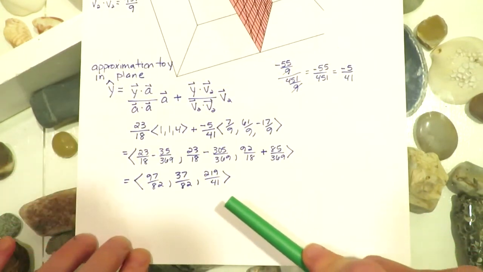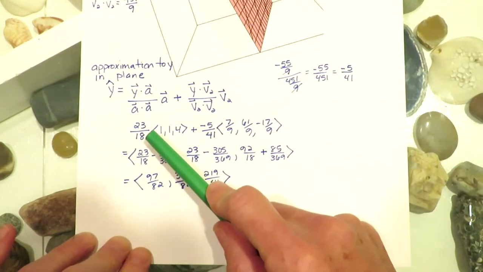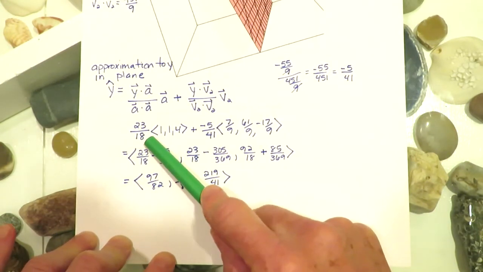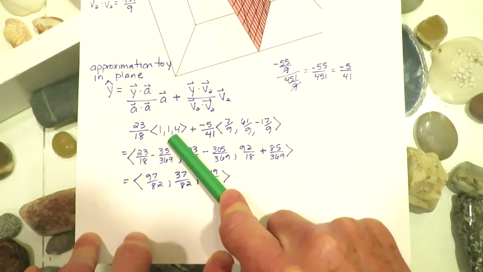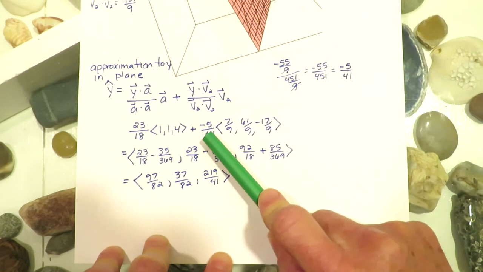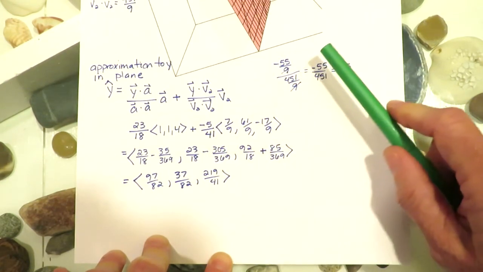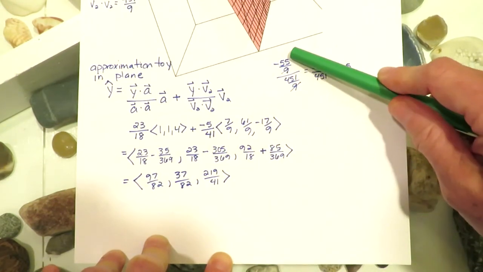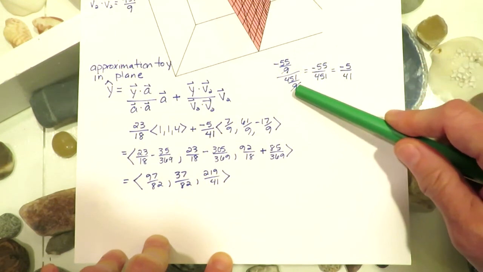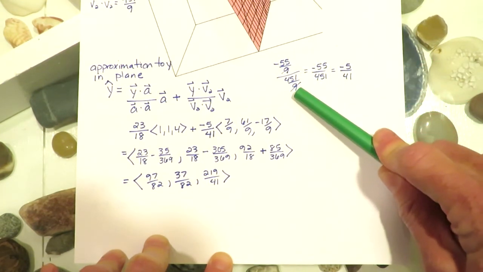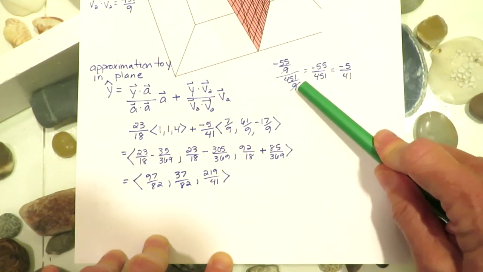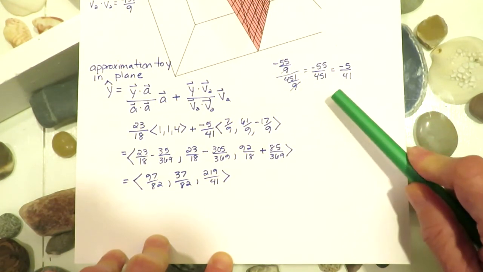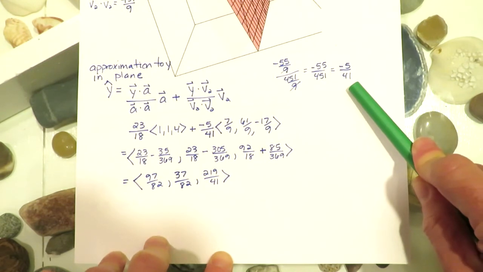Plugging those values in, y dotted with A was 23, A dotted with itself was 18, and then we're multiplying vector A by that scalar. And then v2 dotted with y was -55/9, and v2 dotted with itself was 451/9, but you can clean that up, divide out the 9, and then divide by 11, and we get an equivalent fraction of -5/41.